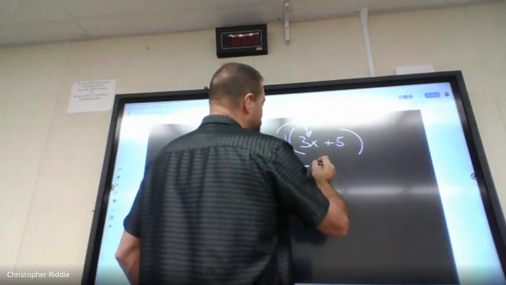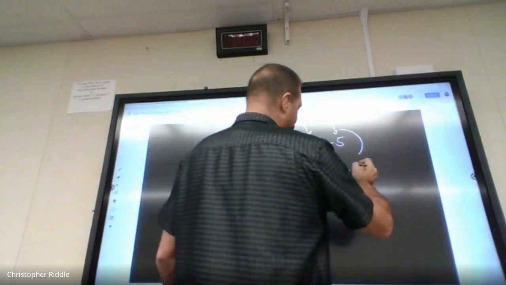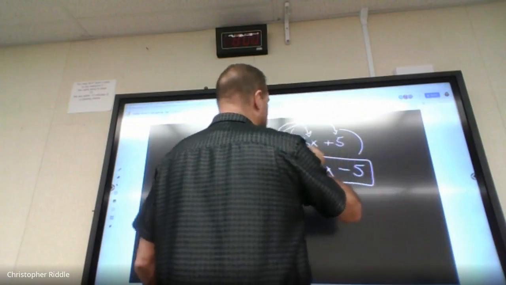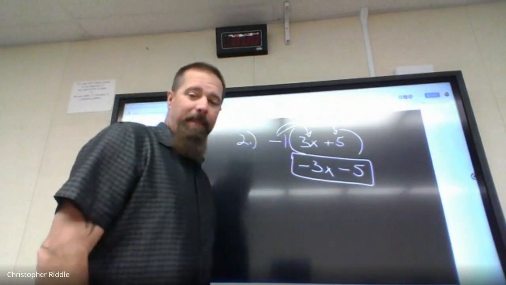Excellent. And then? Multiply negative 1 times positive 5, and that's negative 5. Fantastic job, kid. So our answer becomes negative 3x minus 5.